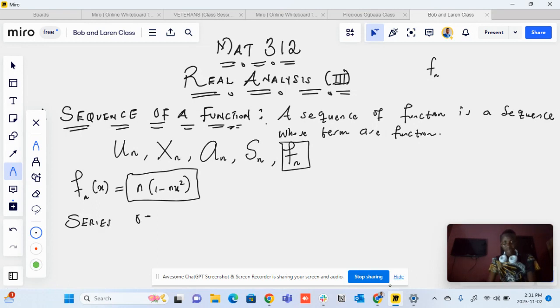For series of a function, you are going to use the same definition.